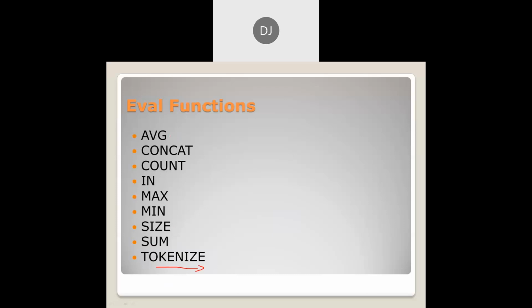Average we have seen, it's an aggregation function. These are all case sensitive. You have to write it as AVG only, average of the salary or average of the ratings, like in NF log if it has ratings. AVG should be in capitals. Concatenate concatenates two strings or two fields.